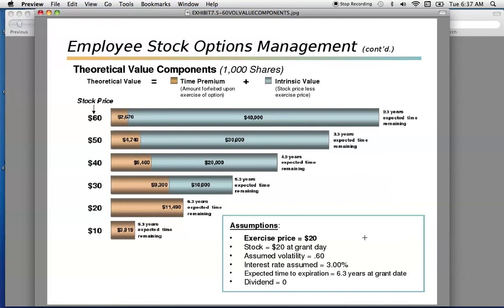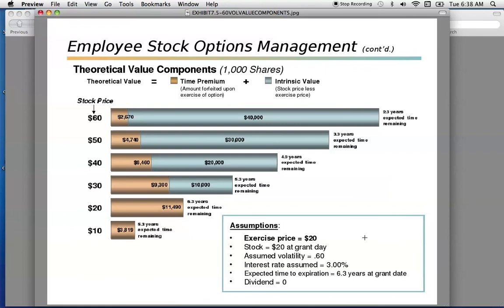We're assuming here a much higher volatility of 30%, although the interest rate assumption of 3% is less than 5%, and that lower interest rate does have a suppressive effect on the time value. And the expected time remaining, we're assuming slightly less also, which has a suppressive effect on the time value.